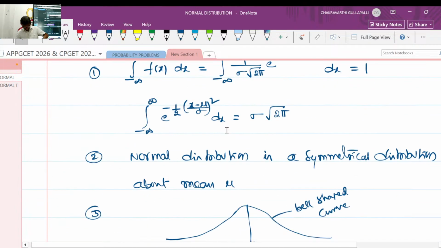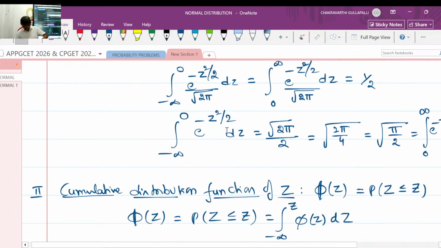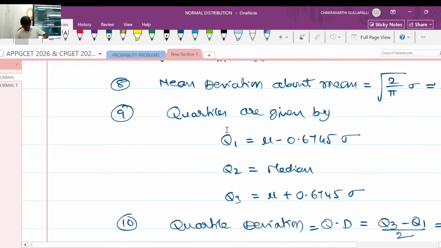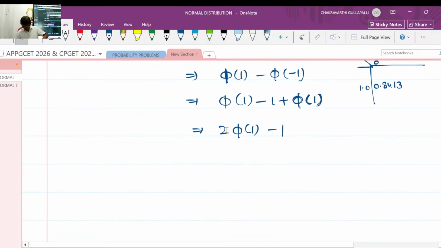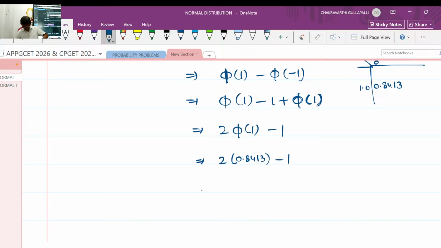So now here, 2 into 0.8413 minus 1, that is 1.6826 minus 1, subtracting 1 from this, 0.6826.